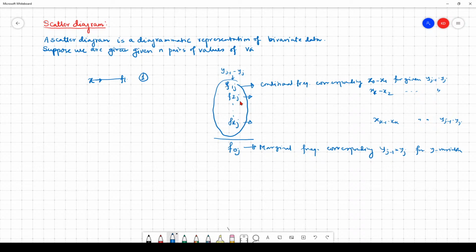If you add all this, this eliminates the effect of x. So this gives the marginal frequency corresponding to class yj minus 1 to yj for the y variable, and each component is the conditional frequency corresponding to the different classes of x for given yj minus 1 to yj.